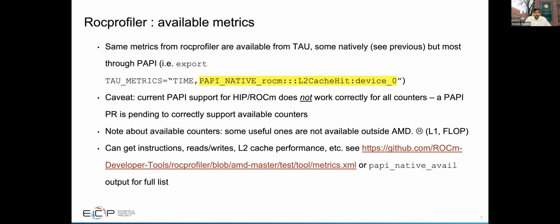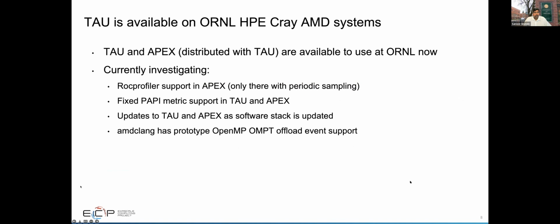And that capability is coming soon. It's already present in tools like Omniperf, and we hope to provide that in tau. We can get instructions, reads, writes, level 2 cache performance. You can have a look at this website for the exact set of metrics, or the papi_native_avail is an excellent source for the full list of counters that are available.